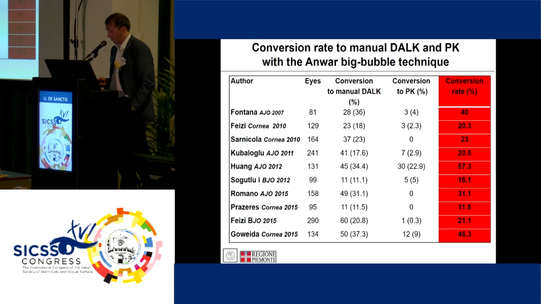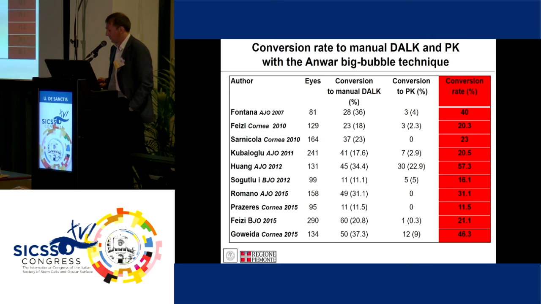If we look at the data of many studies from 2007 to 2015 with over 50 eyes undergoing big bubble technique, in the red column you read that the conversion rates range between 20 and 30%. It means that 2 out of 3 surgeries are converted into manual DALK or PK.